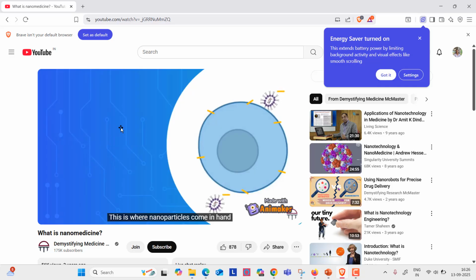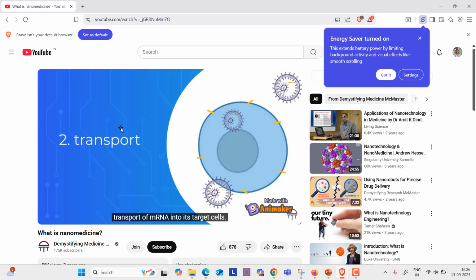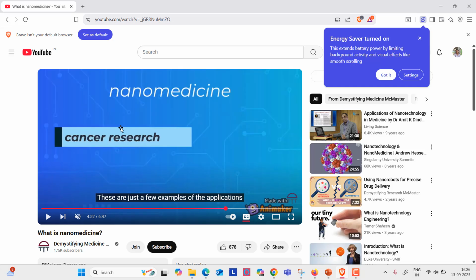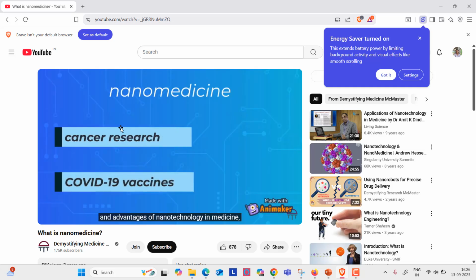This is where nanoparticles come into effect, as they facilitate transport of mRNA into the target cells. These are just a few examples of applications. So in the COVID vaccine, mRNA can be killed by the enzymes, so these lipid nanoparticles protect the mRNA from external attack. This is one huge application of nanomedicine.